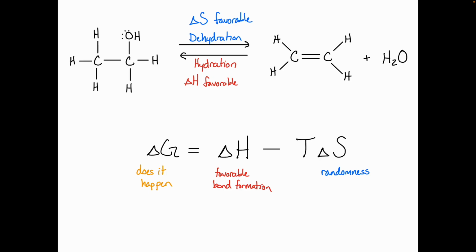One of these directions is enthalpically favorable, while the other direction is entropically favorable, and we can tune which direction we want by noting that the entropy term scales with temperature. The higher the temperature, the more important the entropy is. So at low temperatures, we would get our hydration reaction, but at high temperatures, we would favor that entropy-favorable dehydration reaction. So heat is going to be an important component of our dehydration reactions. Okay, let's take a look at one.